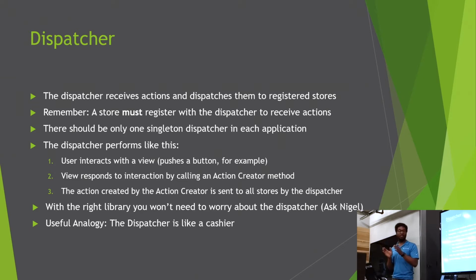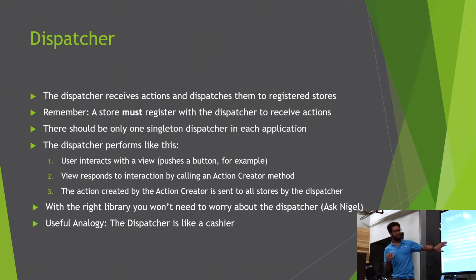In typical Flux flow patterns, it will pass the action to all stores, and then each store uses a switch case or something like that to check whether or not it should respond to that action. But again, Nigel has further simplified that, so he'll tell you about that in his project.